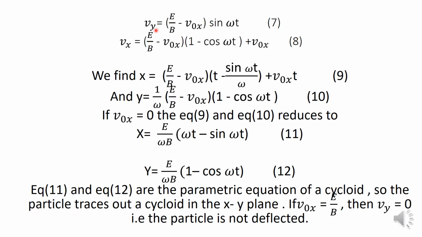That means the particle enters with the initial velocity v0x in the x direction; the particle may change the magnitude of its velocity, but it cannot change the direction. That is, the particle exits in the same direction.